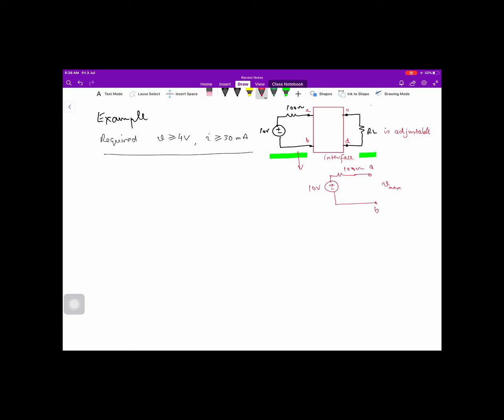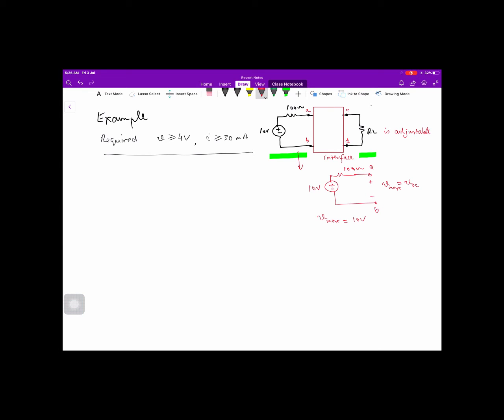V maximum is when the output is open circuit, and therefore V maximum across AB is equal to 10 volts.